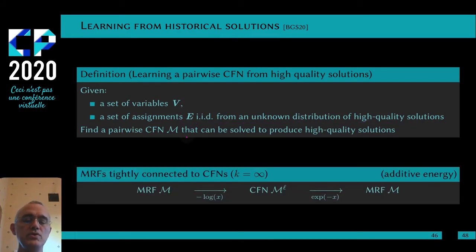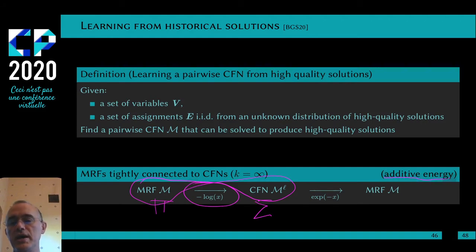Well, you can use this connection between MRF and CFN, which is very easy to understand. MRF use product for combination, cost function network uses sum, and you can shift from one to the other using the minus log x transform, which is very usual in Markov random fields and which provides so-called energy-based Markov random fields.